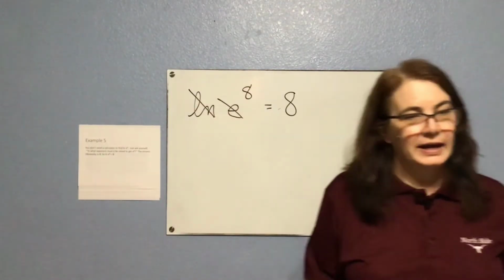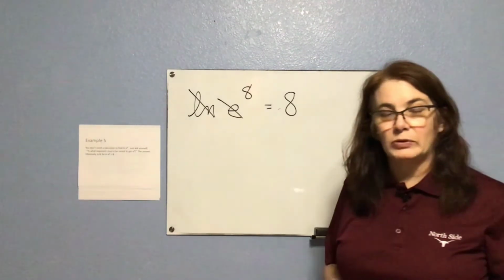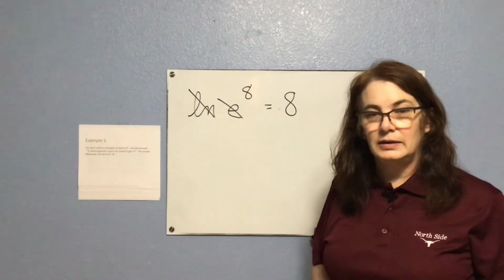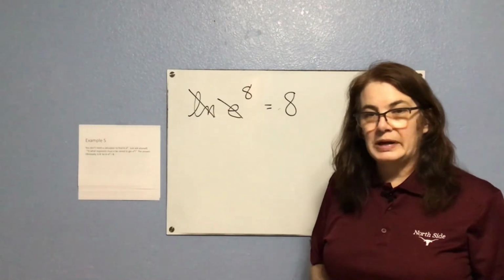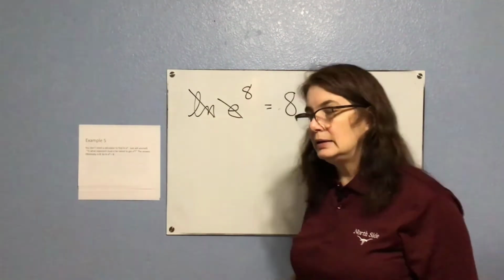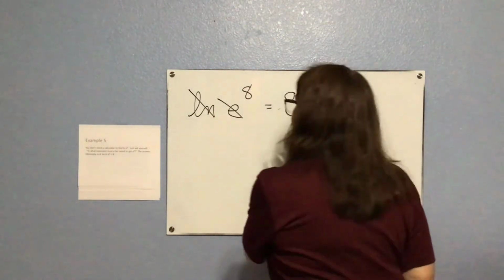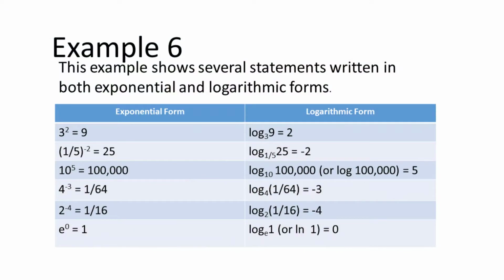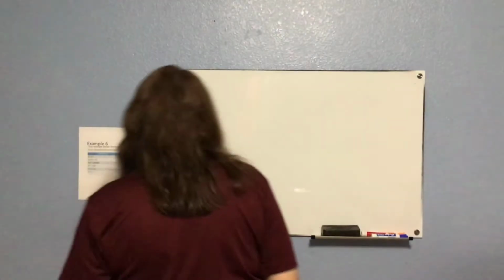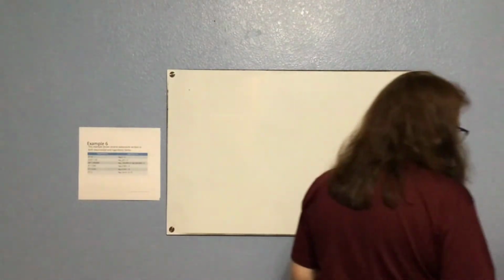Okay, 10 and e are definitely the most common bases for logarithms, but we can use any number for a base, any positive number. And this is the rule for that.